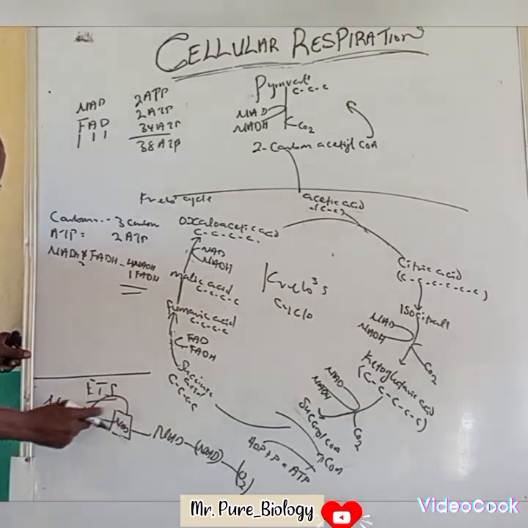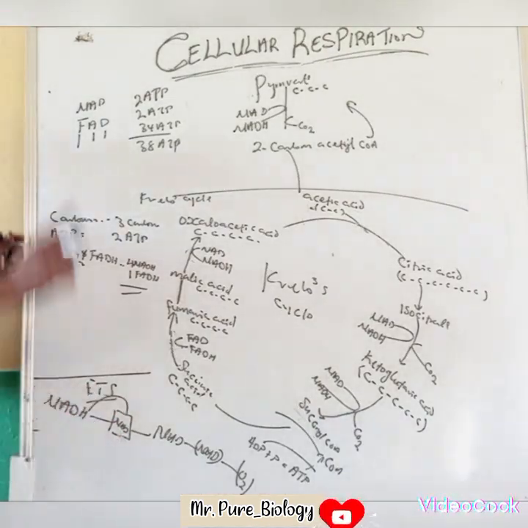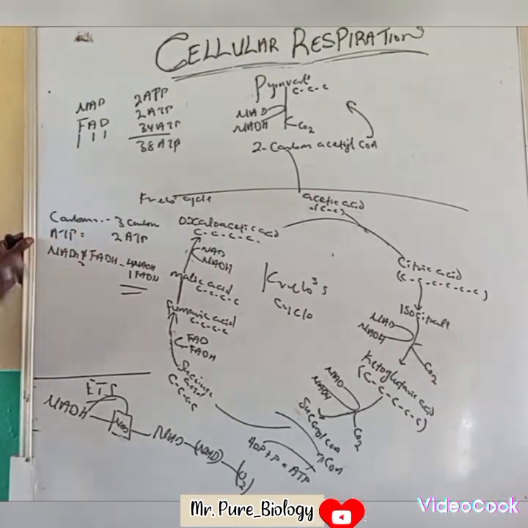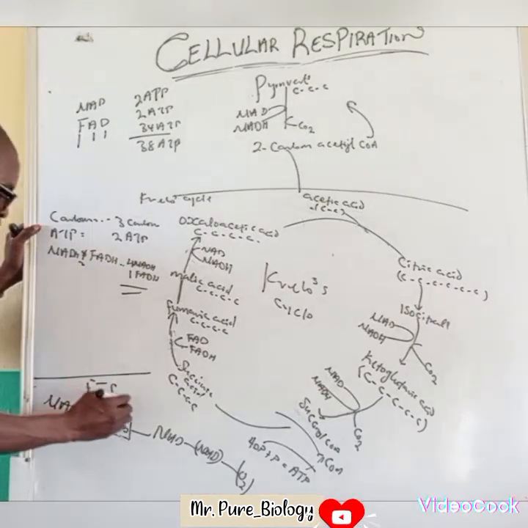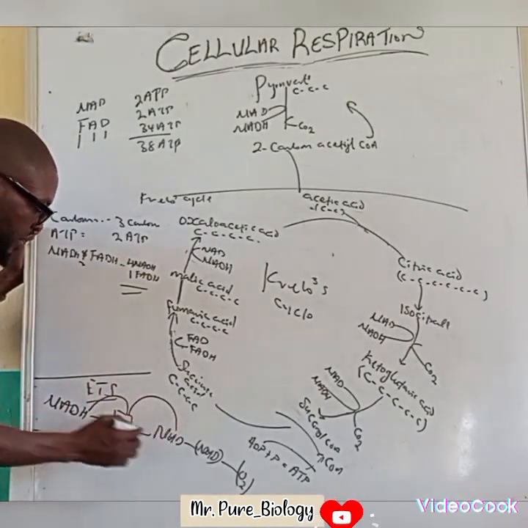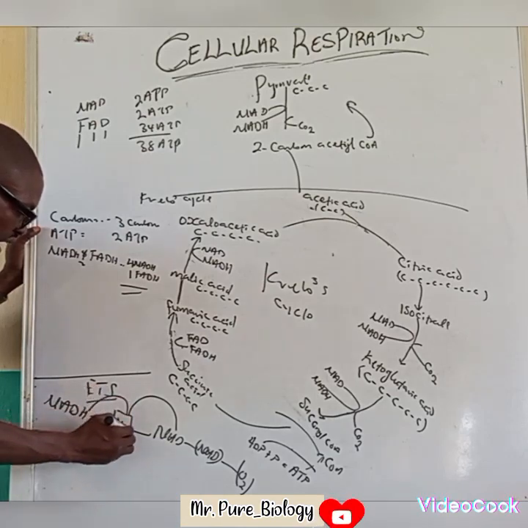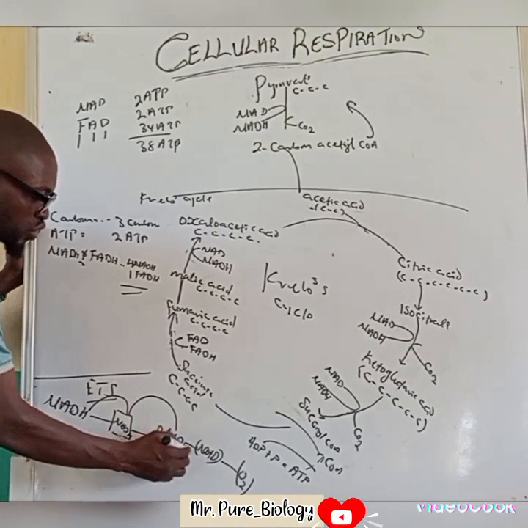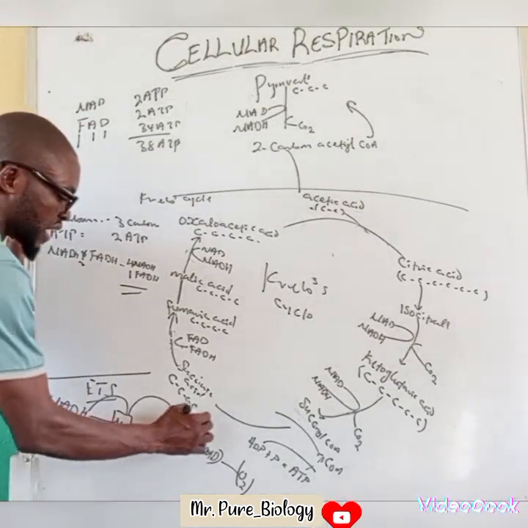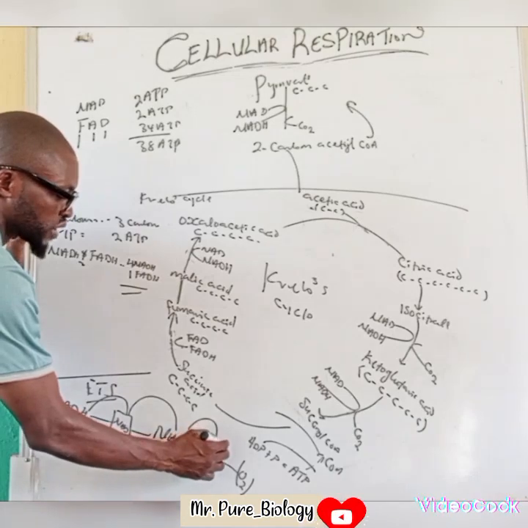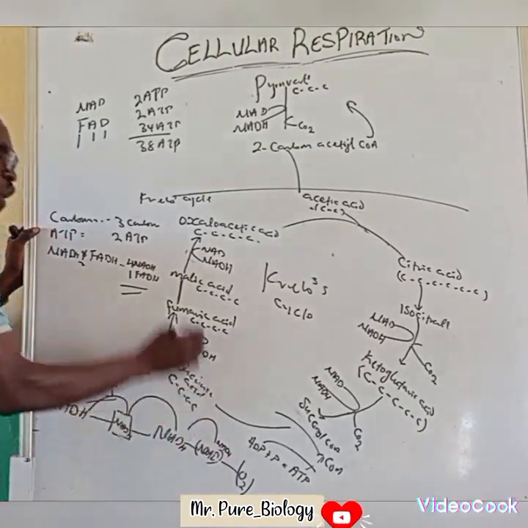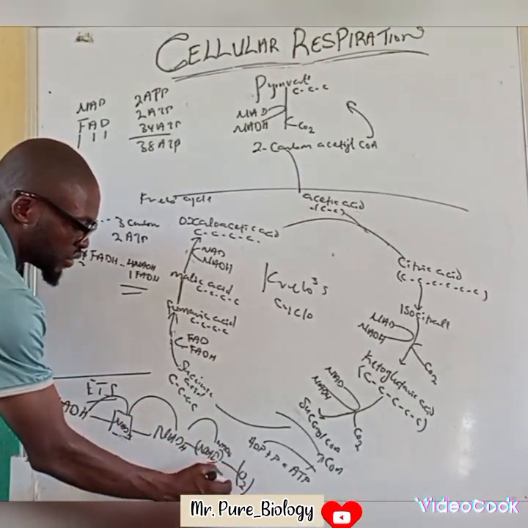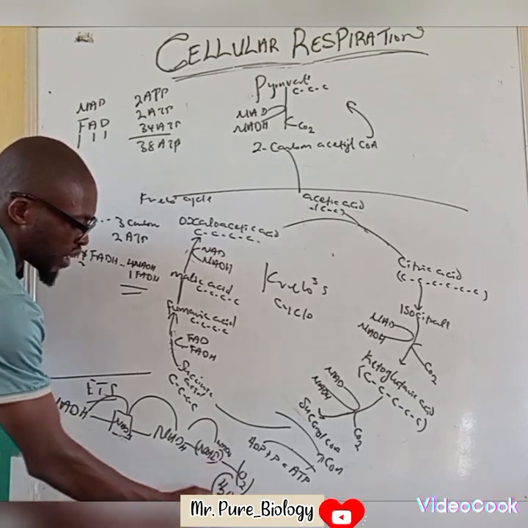So the electron will be transferred from this NAD to this. As the electron is transferred from one place to another, there will be formation of ATP. The more it transfers, the more energy is generated. The hydrogen will be transferred here, and this one will become NADH, and it transfers here, and this also becomes NADH, until ultimately the oxygen accepts this to form H2O, water.